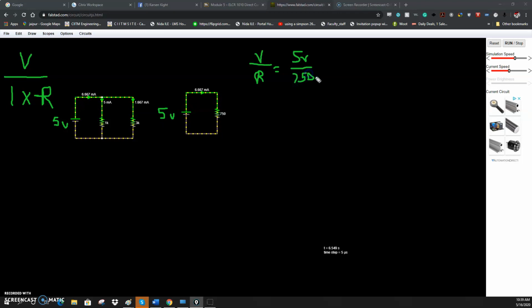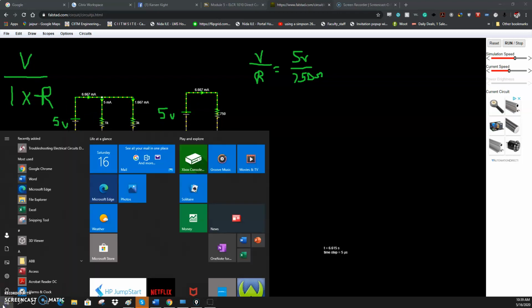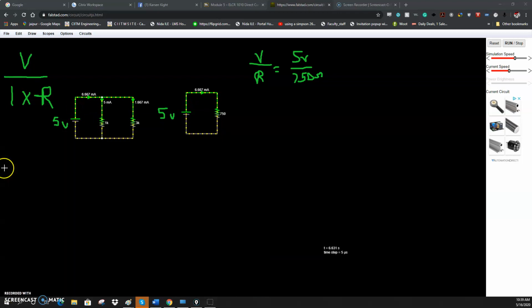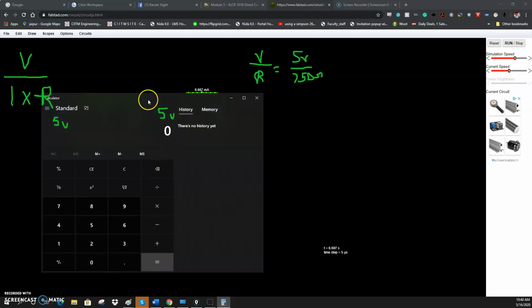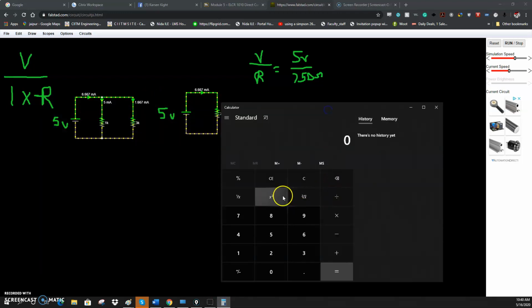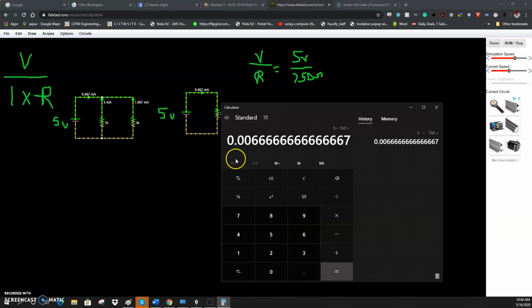So 5 volts divided by 750 ohms, if we break out our handy calculator, there we are. So we'll move this over here, and we'll say 5 divided by 750. We know the answer, but we're proving it.